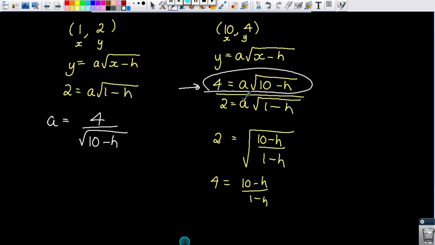I'm taking this simple equation, which is a times root 10 take h. Let's isolate a. It means 4 on the other side, and to get rid of this times root, we divide by it. Happy with that? What I can now do is substitute this in place of a here. So you end up with 2 equals 4 over root 10 take h, and you've still got the root 1 take h, and you get the same thing, because you divide and square. If I had rearranged this to have a by itself, I would have ended up with exactly this.